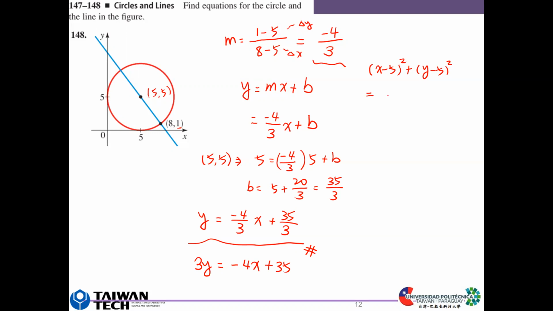And r squared is 8 minus 5 squared plus 1 minus 5 squared, which is 3 squared plus minus 4 squared, which is 25. So this is the equation for the circle. This is the last 3 problems for the review of chapter 1.